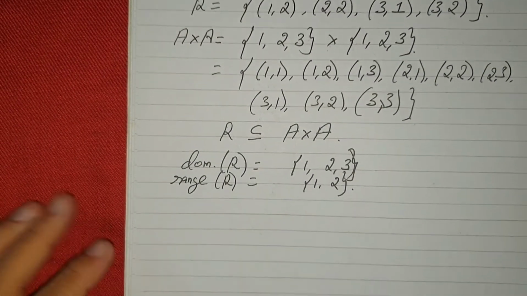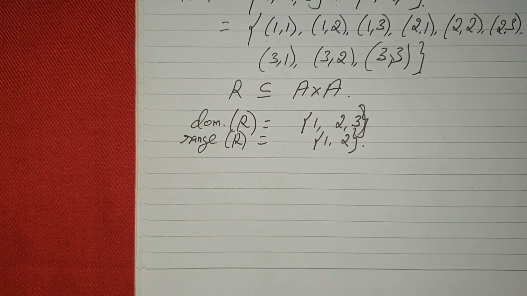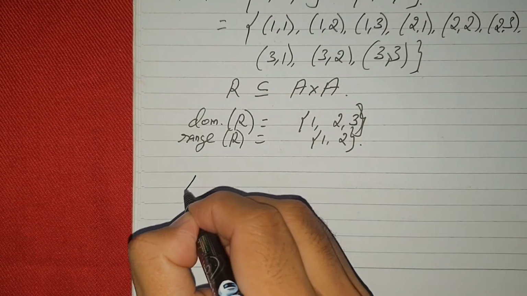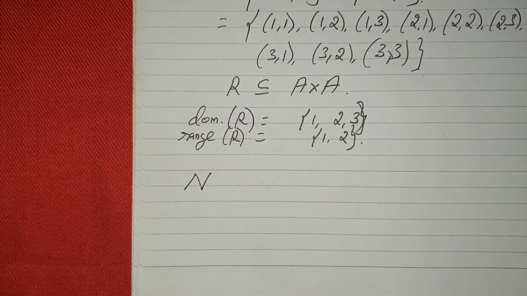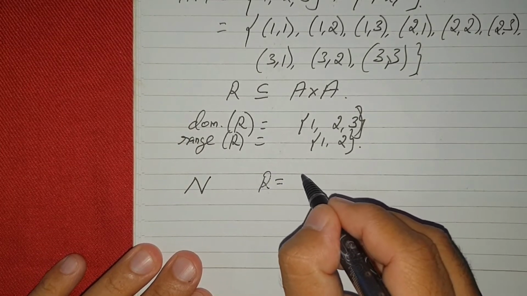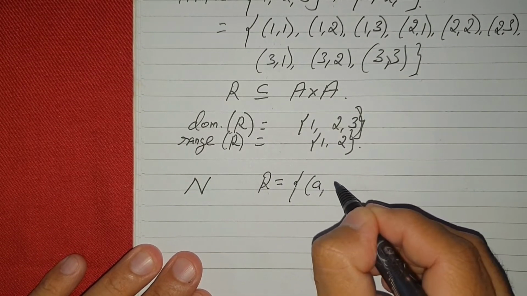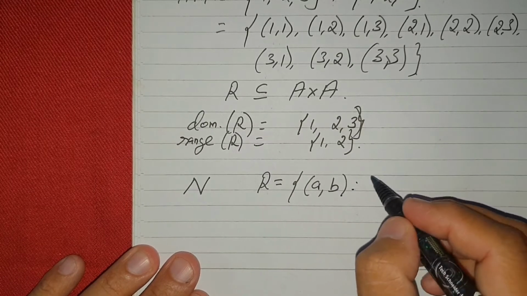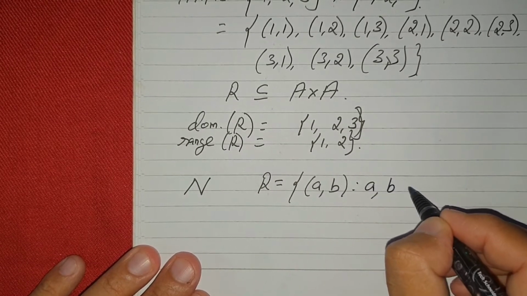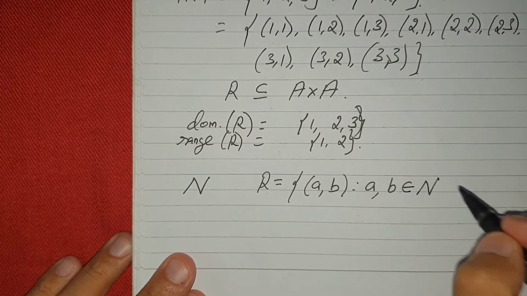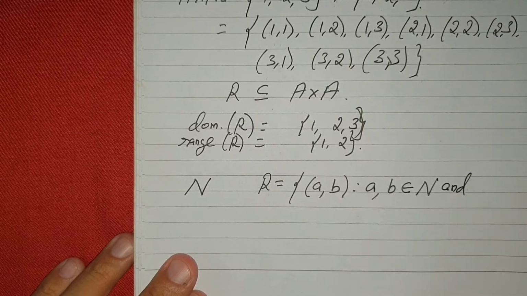Now again we take an example for the illustration. Here we take N to be the set of all natural numbers, and R is a relation given as {(a, b) such that a, b belongs to natural numbers and the equation 2a + b = 10 is satisfied}.